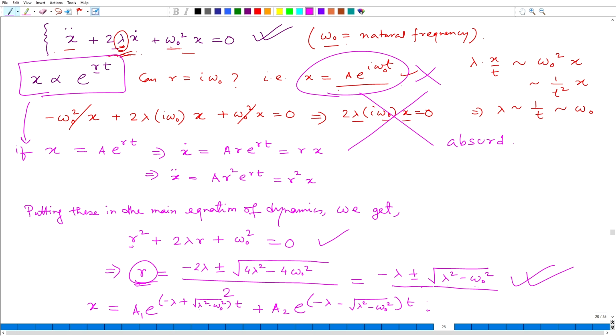But if lambda is less than omega 0, then they are not real, this part is imaginary, and the roots of r will be complex in general. So, if you want to avoid this mathematically from the very beginning, you have to cast the whole problem in terms of a complex differential equation with the same coefficients.